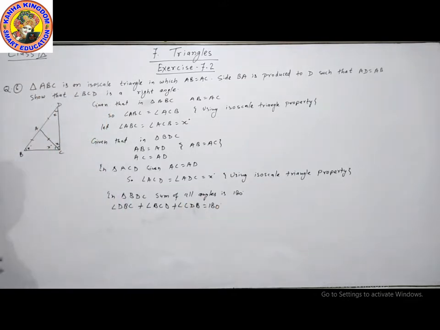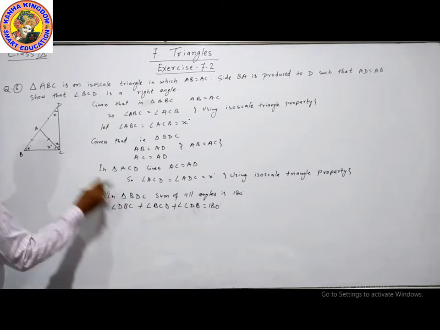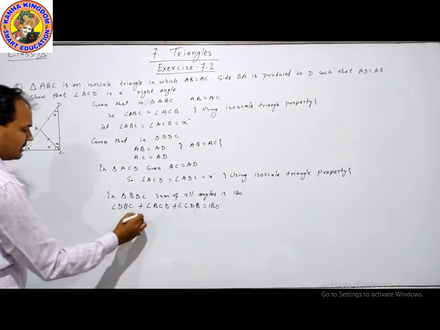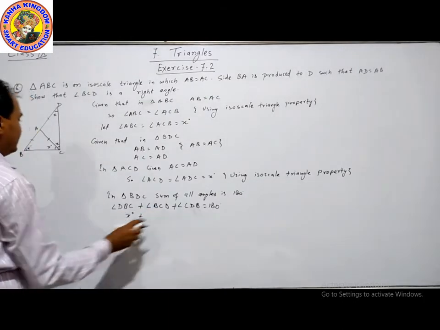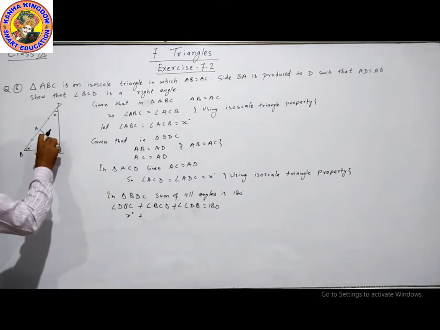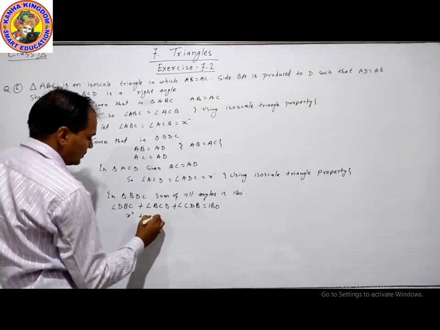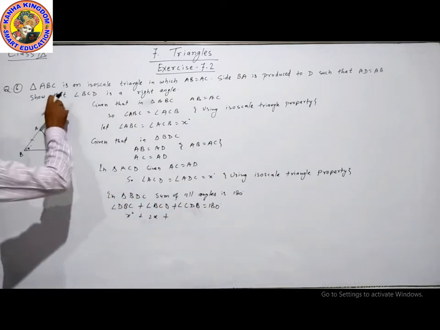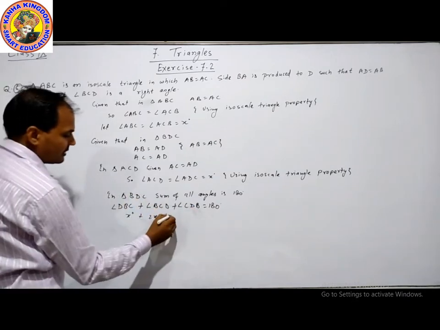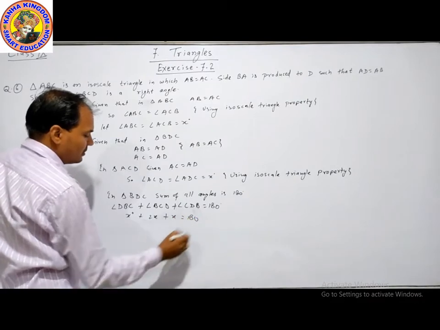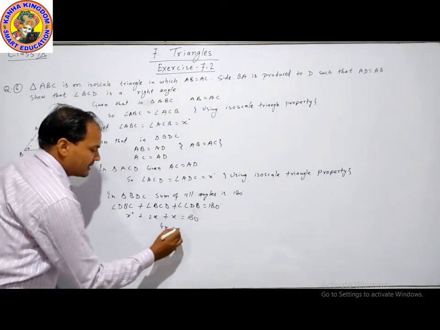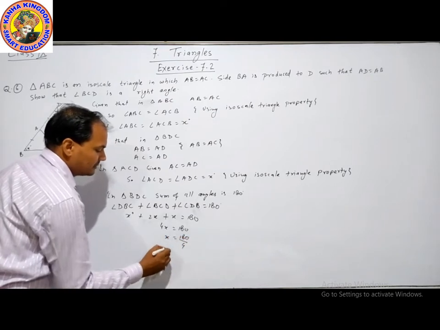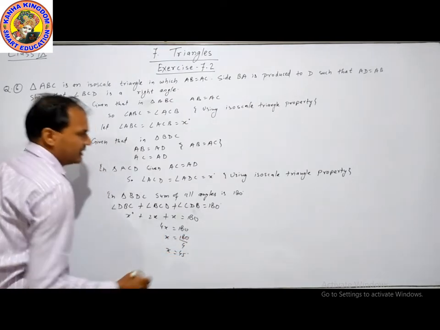Putting in the values, angle DBC is x degrees, plus angle BCD, x plus x, 2x, plus angle CDB, x, is equal to 180. So 4x is equal to 180, x is equal to 180 by 4, x is equal to 45 degrees.